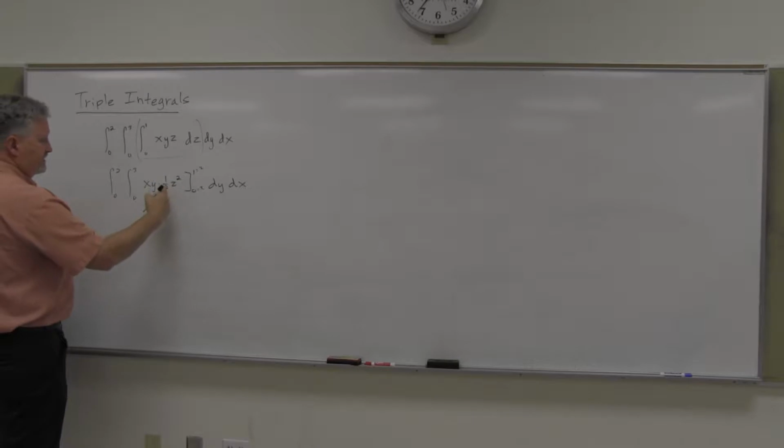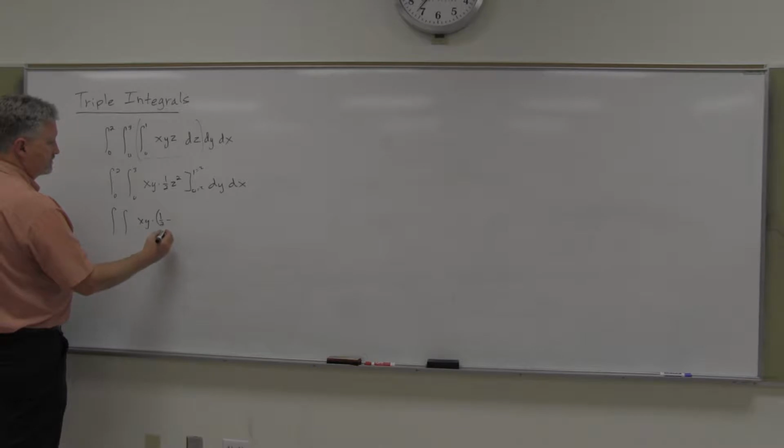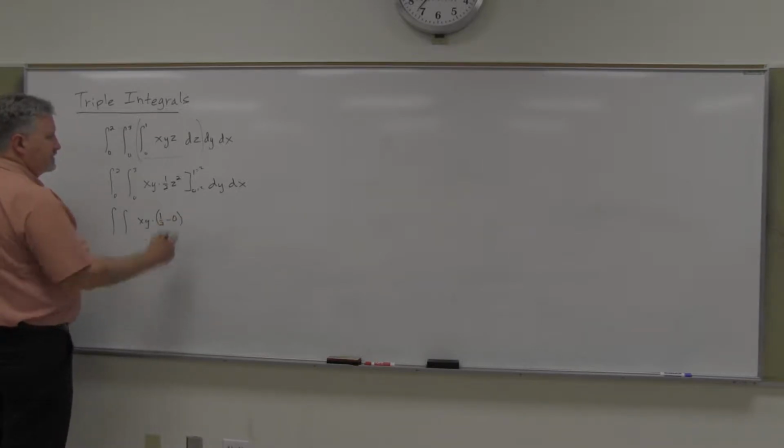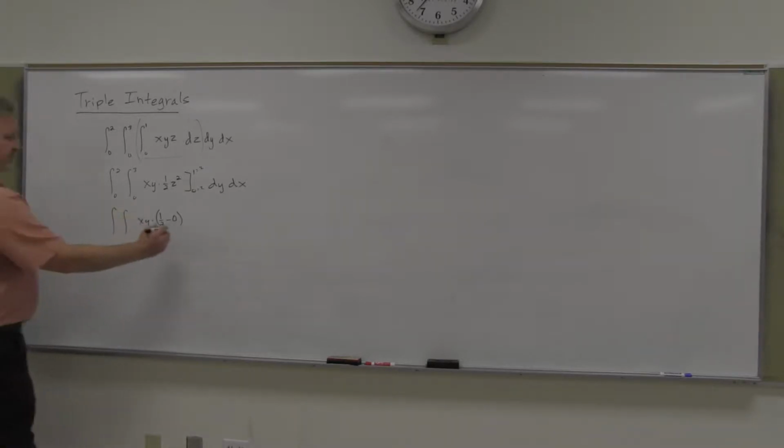So plug that in for z, what does that give us? xy times 1/2 minus 0, right? Because plug in 1, you get 1. Plug in 0, you get 0. So it's just 1/2 xy.